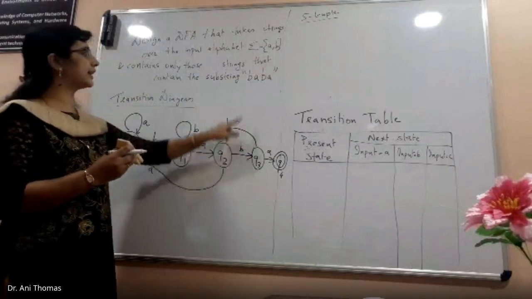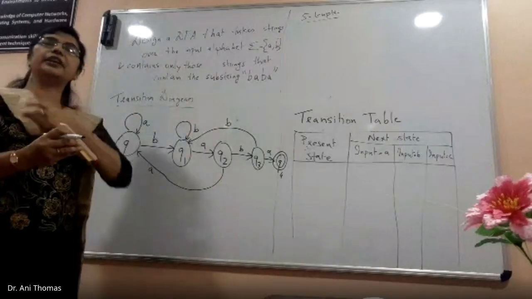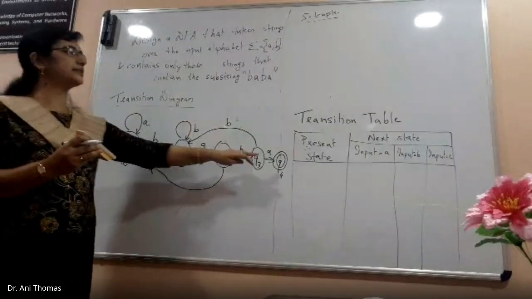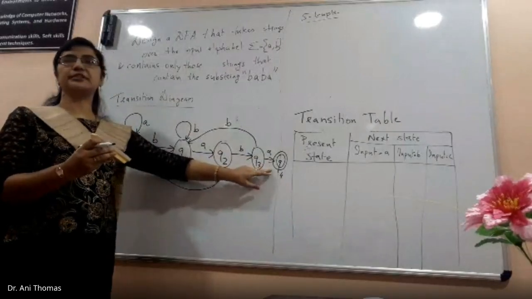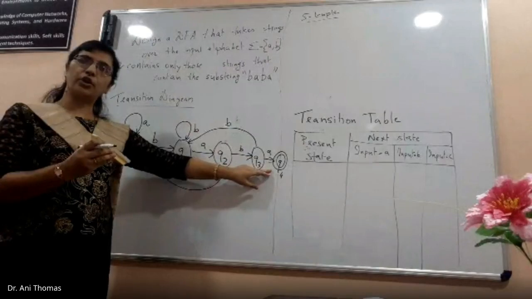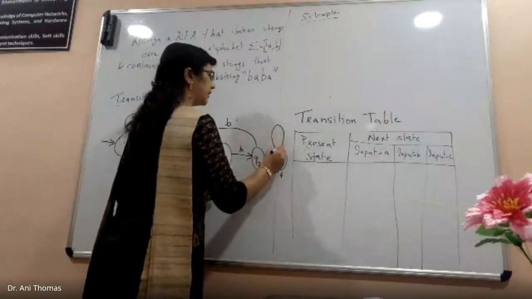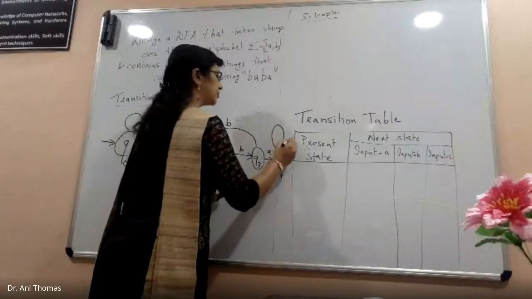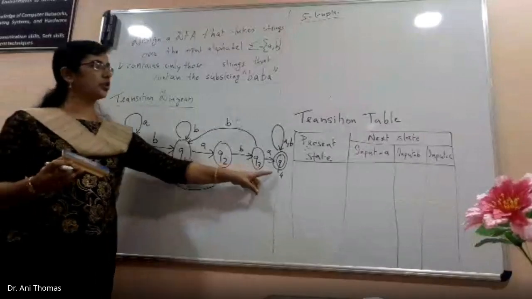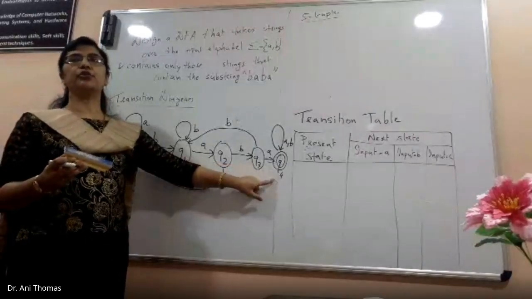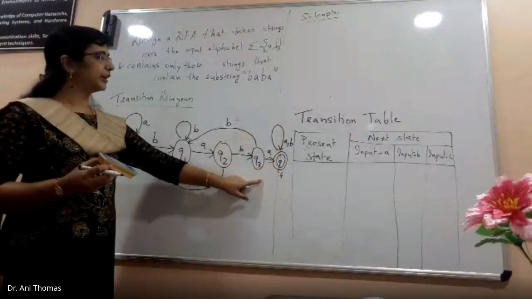Now, since it is containing the substring BABA, it can have any sequence of A's and B's in Q4, because after the substring BABA is followed, it can have any number of combinations of A and B. So we will be putting A and B onto the final state itself: Q4 onto itself on A, onto itself on B. Fine.